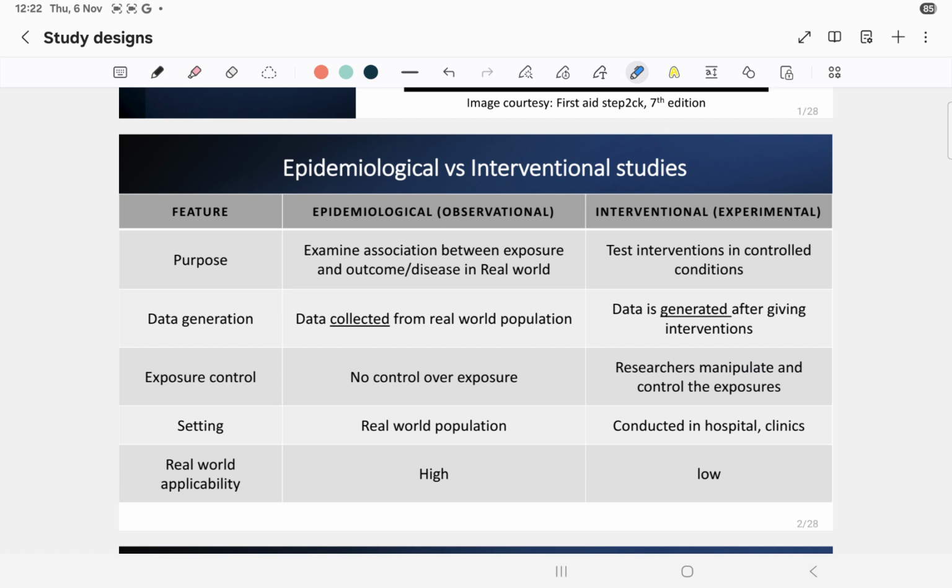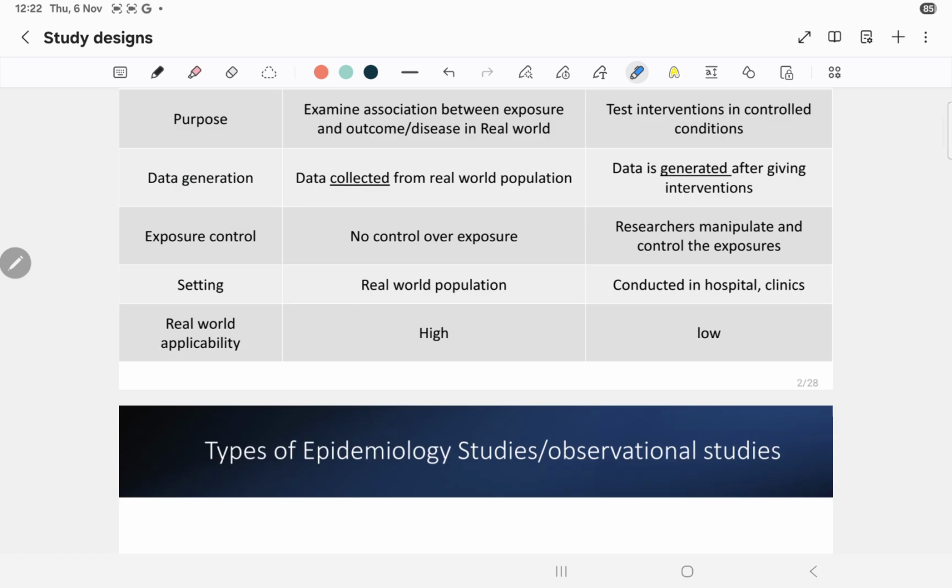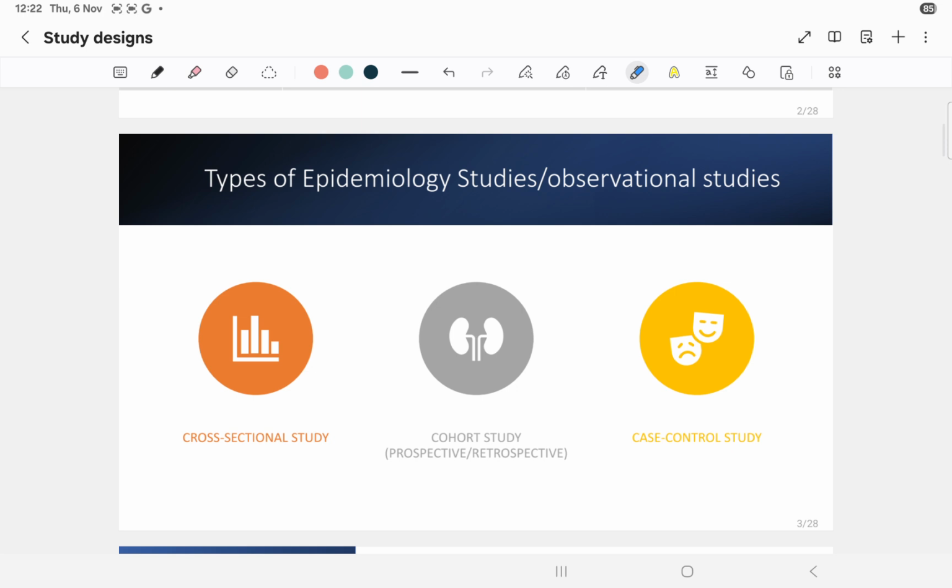As we have already discussed, epidemiological studies are conducted in real world population and interventional studies are conducted in hospitals or clinics. Because observational studies are conducted in the real world, they have a high real world applicability, and interventional or experimental studies have comparatively low real world applicability as compared to observational studies.